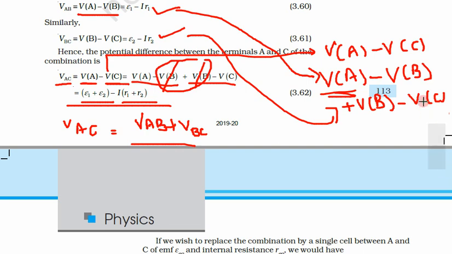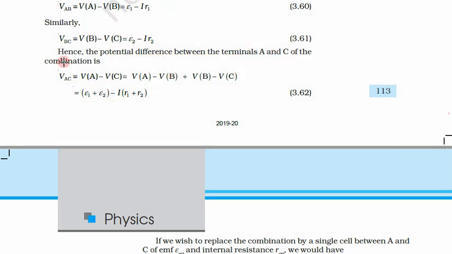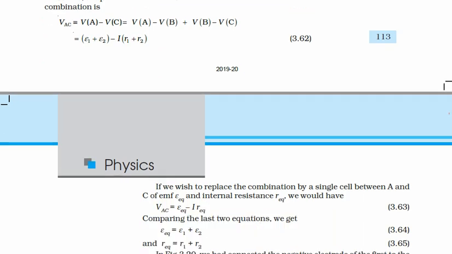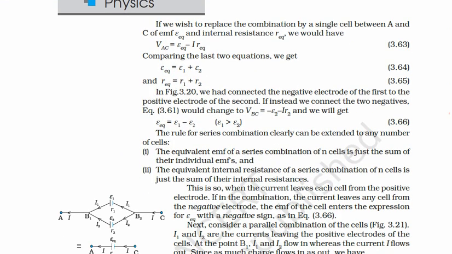So there is a cell which must have this equivalent EMF and resistance R1 plus R2, then we can say that can be a replacement. So again comparing with this, VAC is equal to epsilon equivalent minus I R equivalent. So what is the value of this epsilon equivalent?